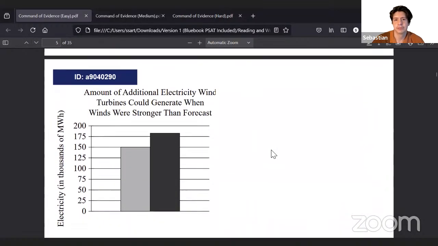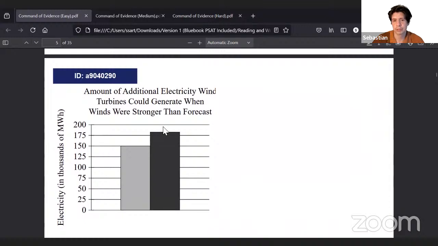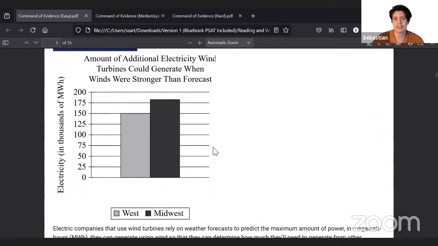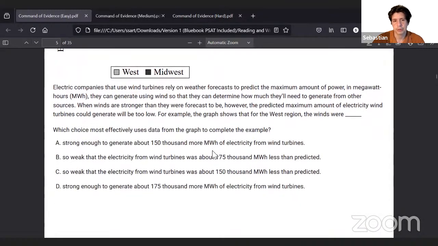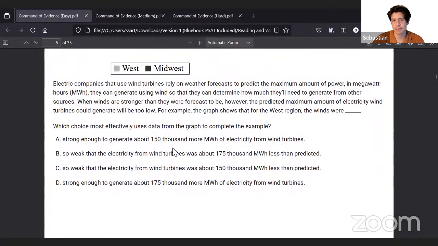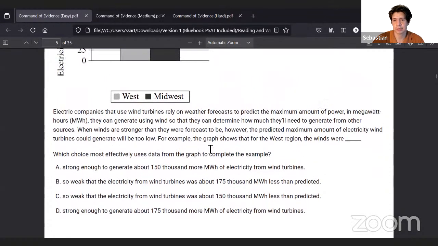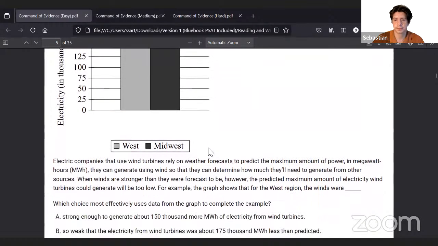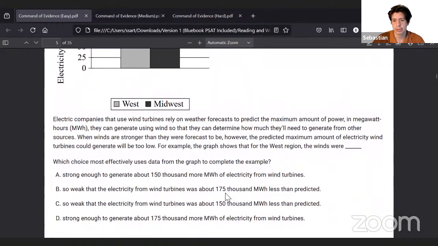The graph shows the amount of additional electricity wind turbines could generate when winds were stronger than forecast. So this is the additional: strong enough to generate about 150,000 more megawatt hours of electricity from wind turbines. So it's not about less than predicted. So it is A, right? It's just determining the difference between the West and the Midwest and then going from there. That's a terrible drawing. I'll just do A here. All right.